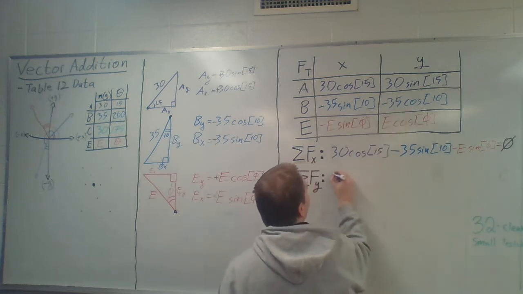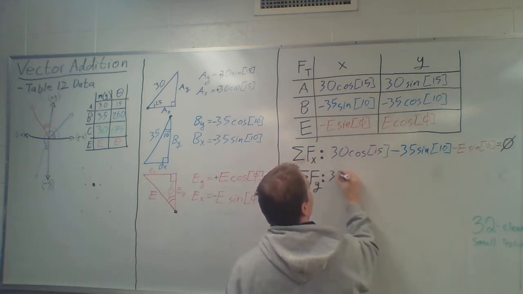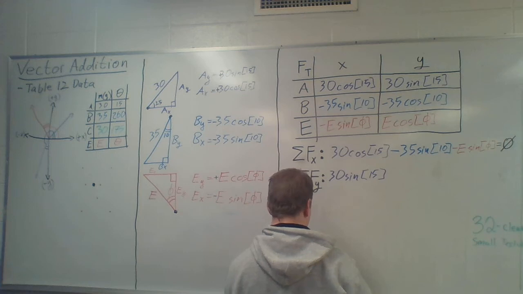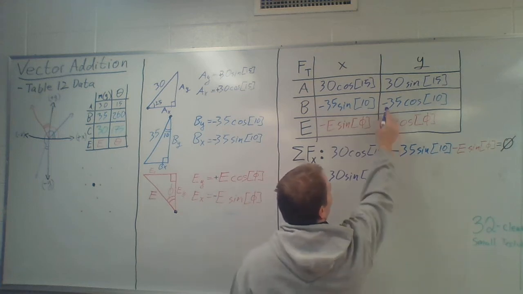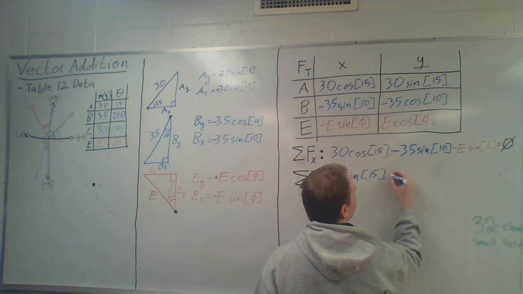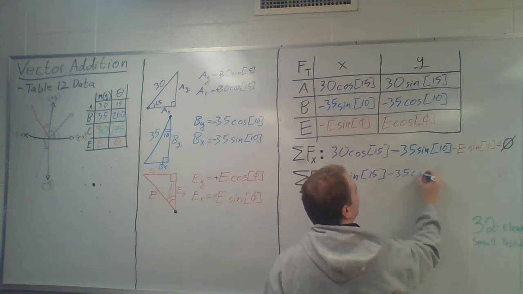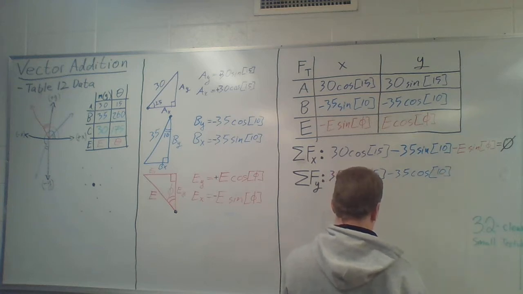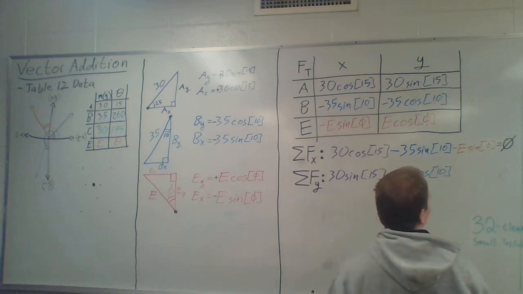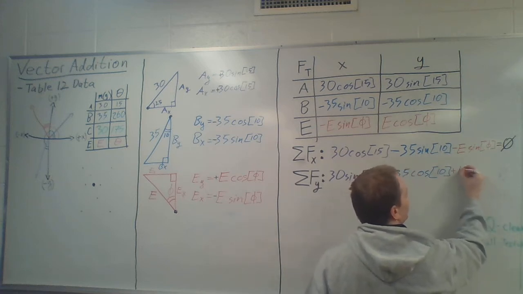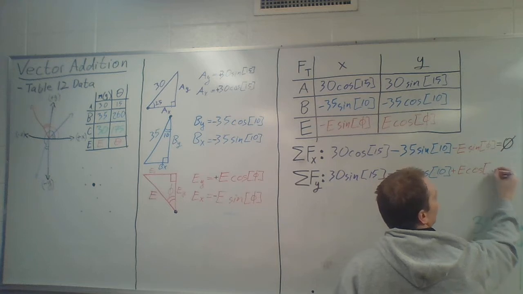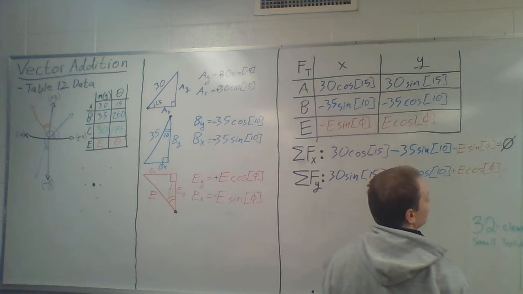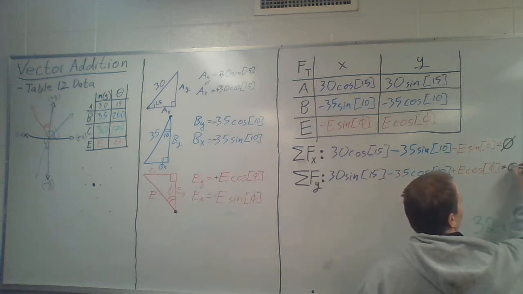So this column is going to be 30 sine of 15 minus 35 cosine of 10 plus E cosine of phi, and this is also equal to 0.